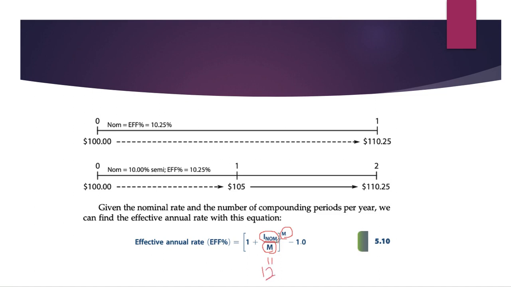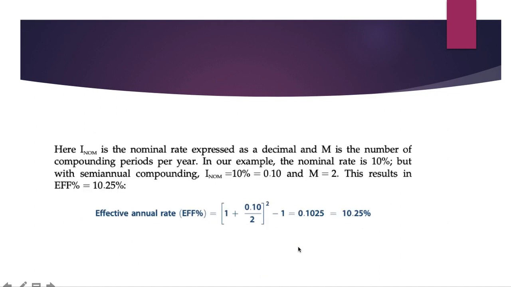So we will divide this nominal interest rate by 12 first, and then take the 12th power and subtract 1. This gives us the equivalent rate for 1 year. In other words, the effective annual rate tells us the corresponding interest rate, if we are doing this investment for 1 year, what would be the return that we make from this investment.